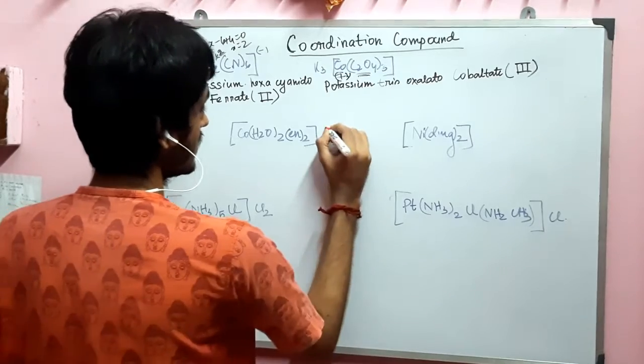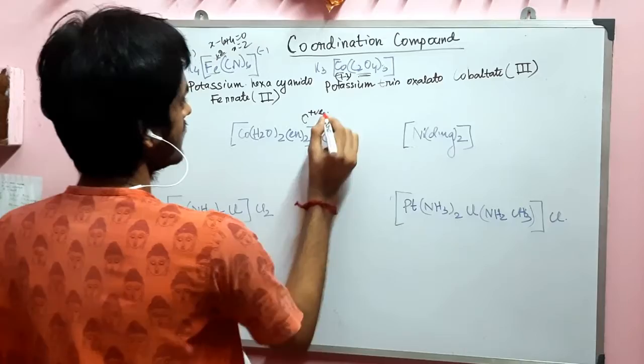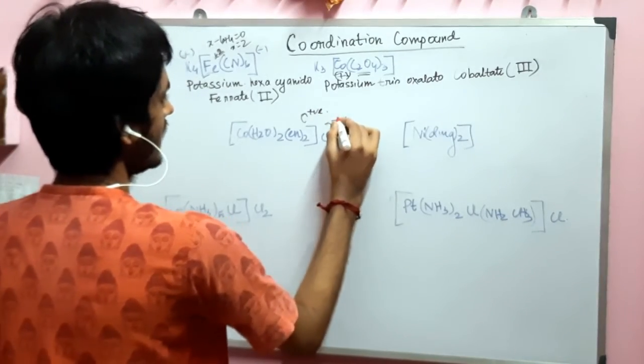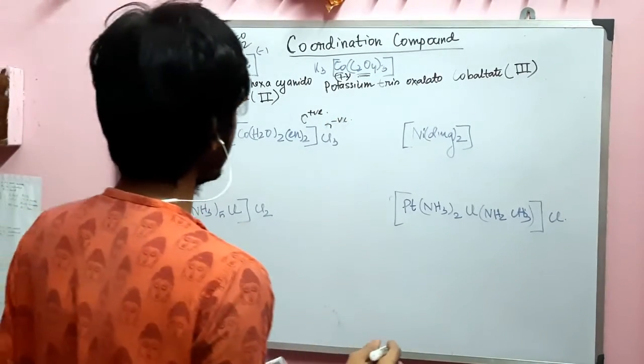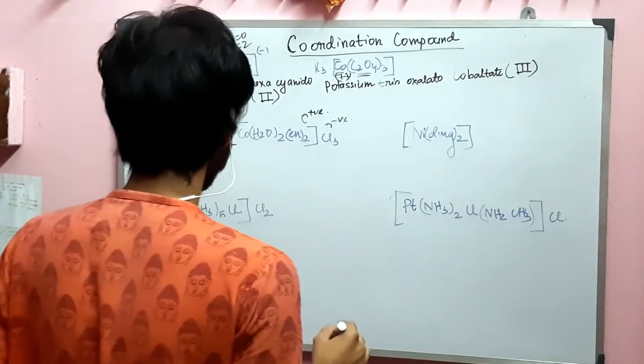Okay, then what is this? It is chloride ion. This is minus charge and the coordination sphere is positive. So here we will first name the coordination sphere.